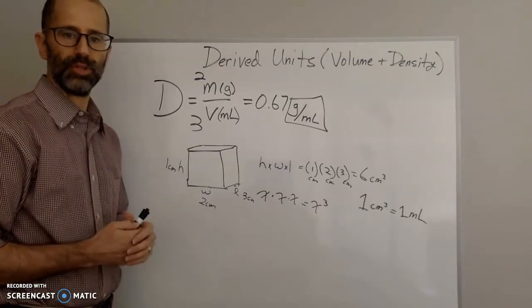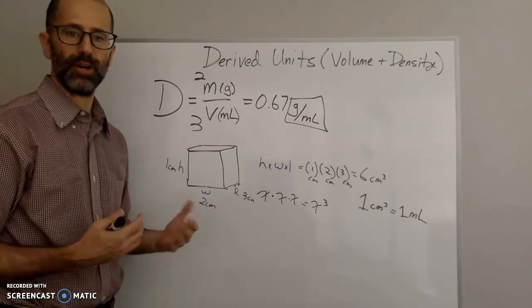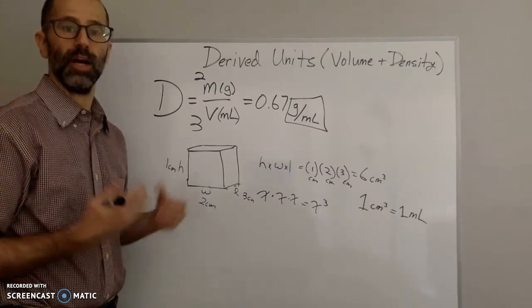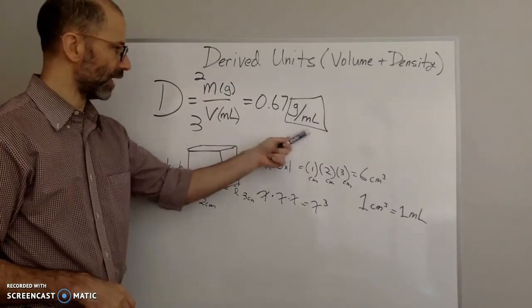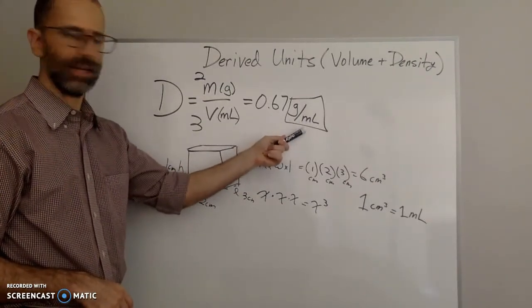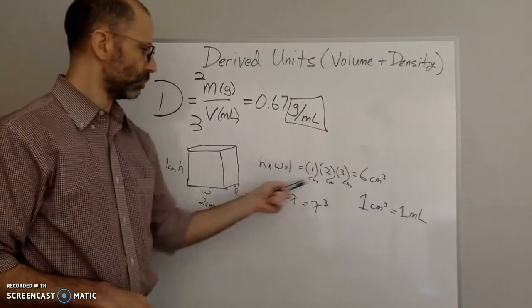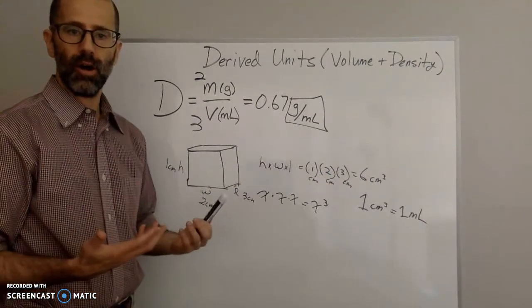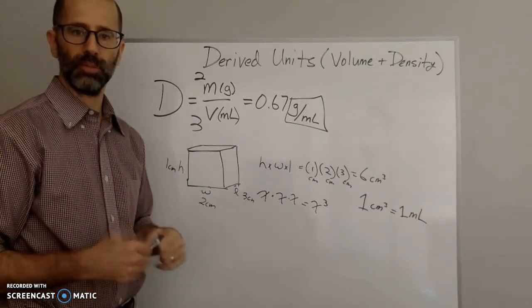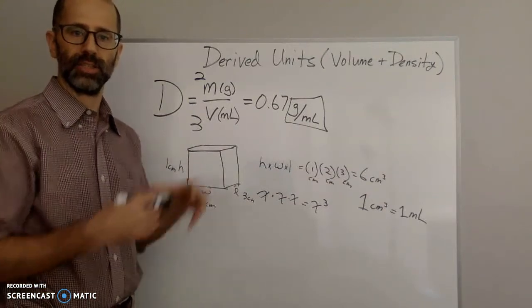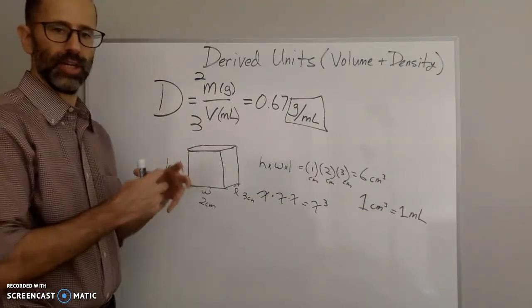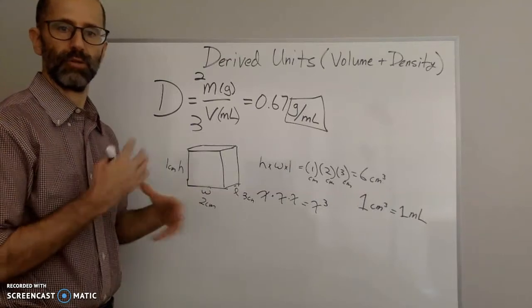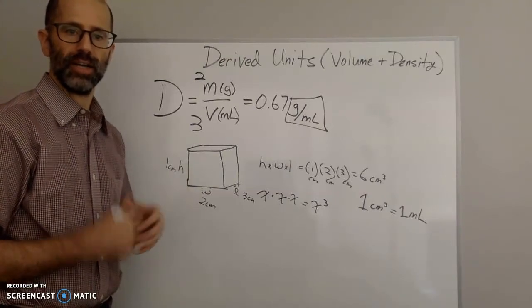So again, derived units are units that are derived from or are made up of other units together. So you can either divide the units, or multiply the units, or all of the above. So you can multiply and divide units together. And so you can get a derived unit with several different units involved.